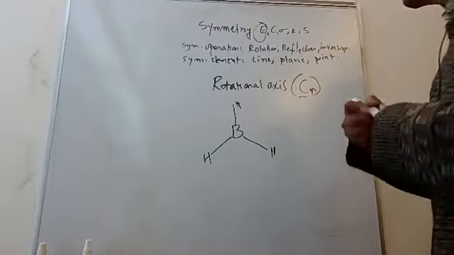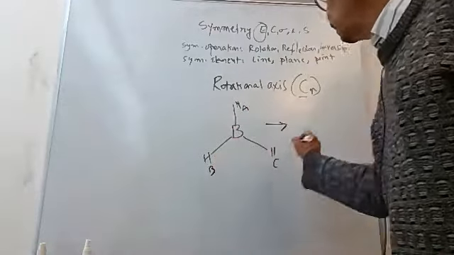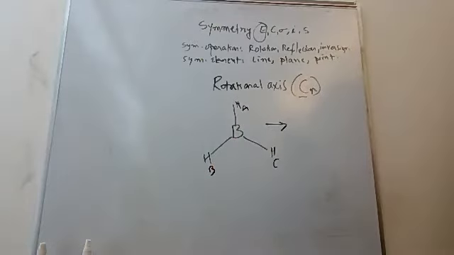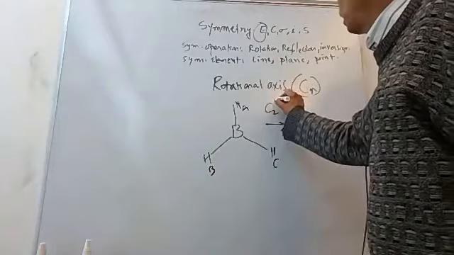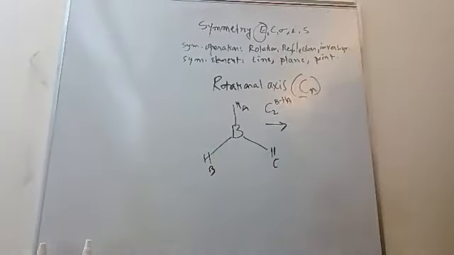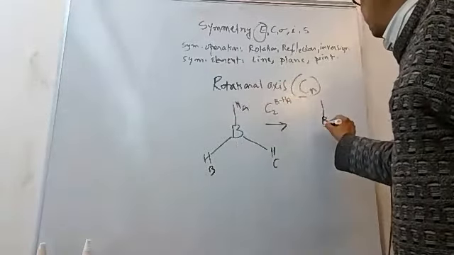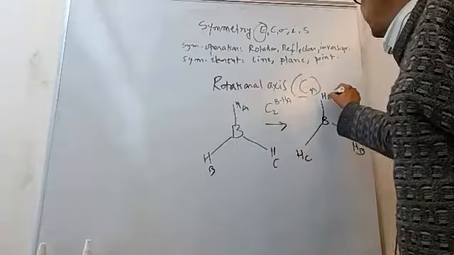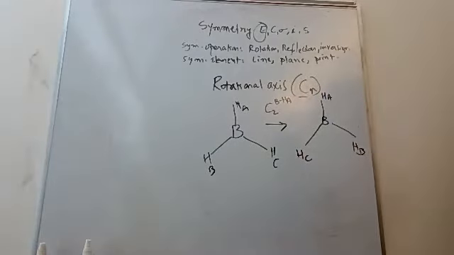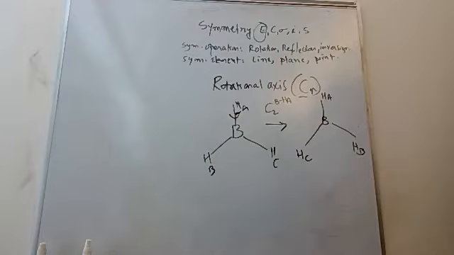What happens now? Let's say I'll call these HA, HB, and HC, three different hydrogen atoms in the molecule. When you rotate by a C2 along the BHA bond, you get HC here, HB there, HA remains the same. So this is a rotation along this, that is your C2 axis.